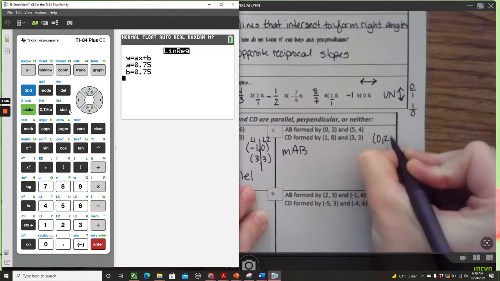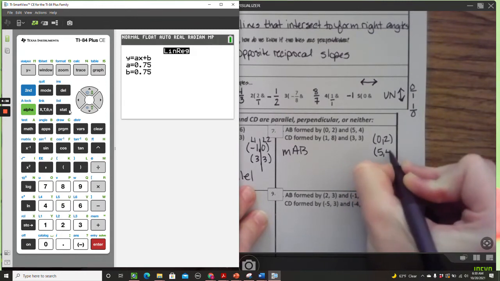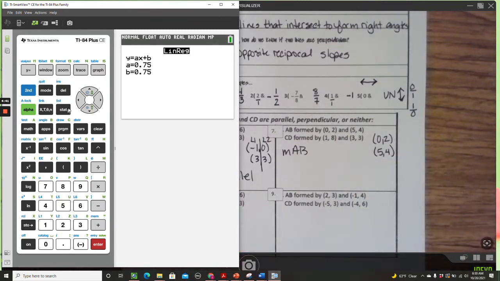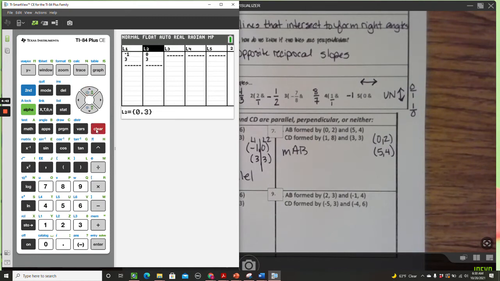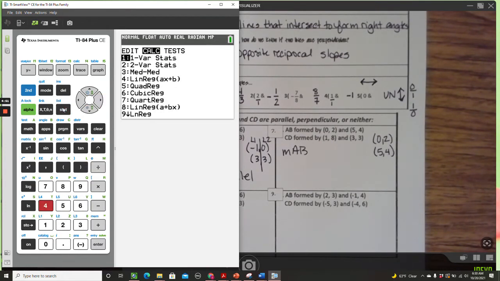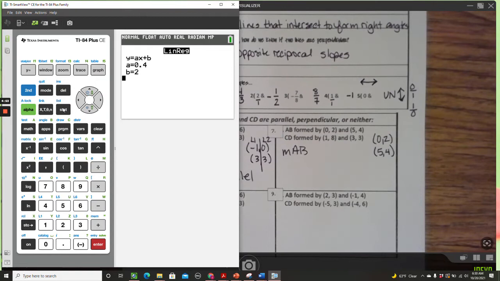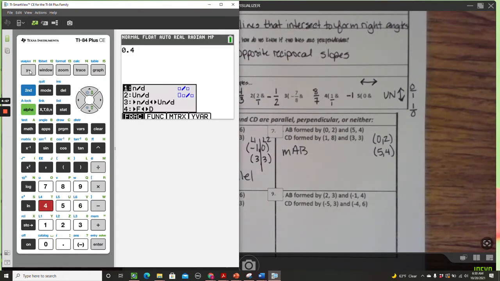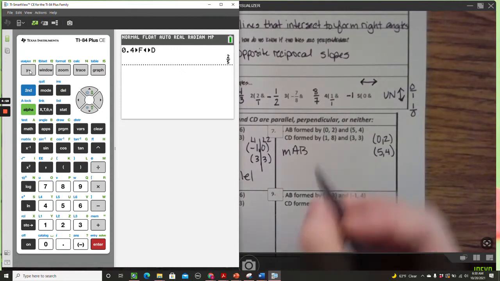Okay, so on the next one here, so the slope of AB, if I stack them up, 0, 2, 5, 4, all right, 0 and 5, 2 and 4, stat, right arrow key 4. So this time I got 0.4. So 0.4 is 2/5.